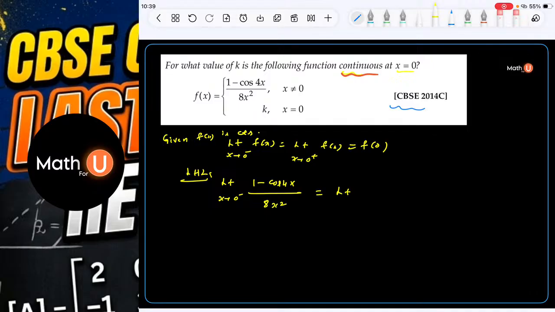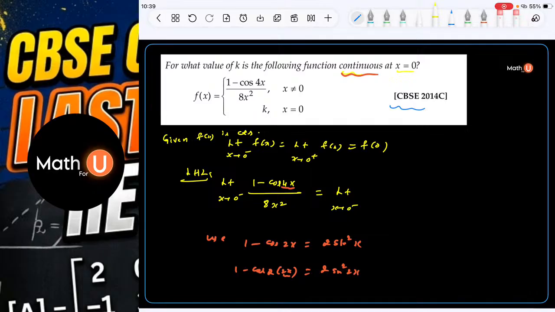That is equal to limit x tends to 0 minus. We know this formula, 1 minus cos 2x is nothing but 2 sin square x. If you observe, 1 minus cos 4x can be rewritten as 2 times sin square 2x, in place of x it is 2x.